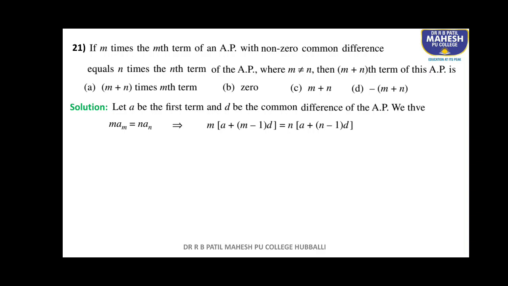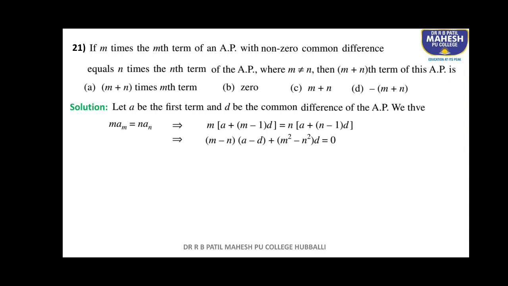Now we simplify by multiplying m and n on either side: ma plus m into (m minus 1) into d equals na plus n into (n minus 1) into d. We can take all the terms to one side and also take some common terms. By taking (m minus n) common, we have (m minus n) into (a minus d) plus (m square minus n square) into d equals 0.